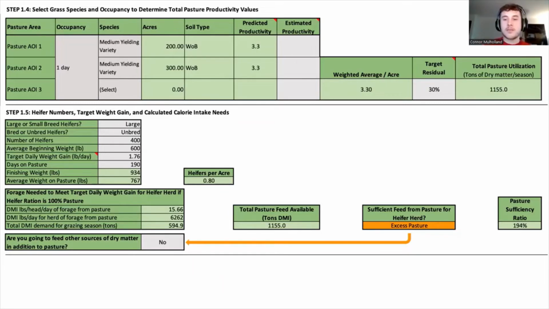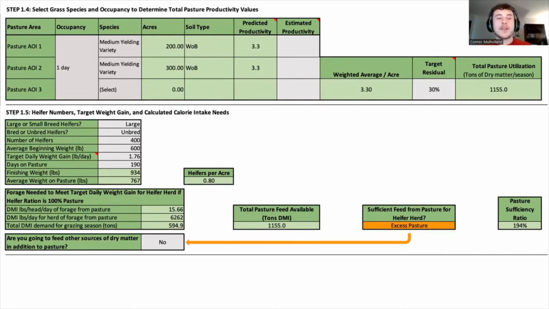I'm not sure, but we want to have a little bit of a buffer room in there. And that's also kind of what the residual does as well. So basically, we're making a pretty cautious pasture plan, knowing that if you are sufficient or in excess, this probably will very much work for you going forward.